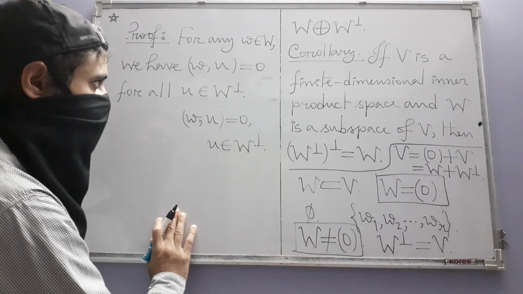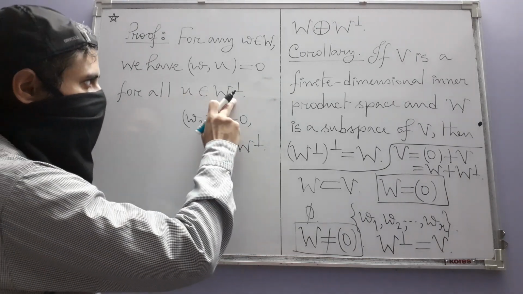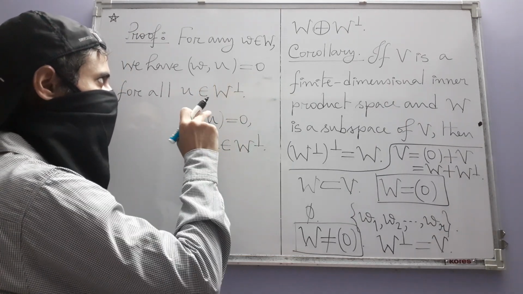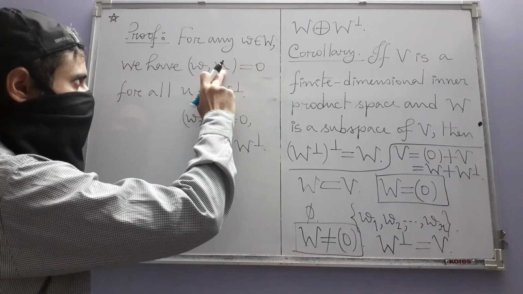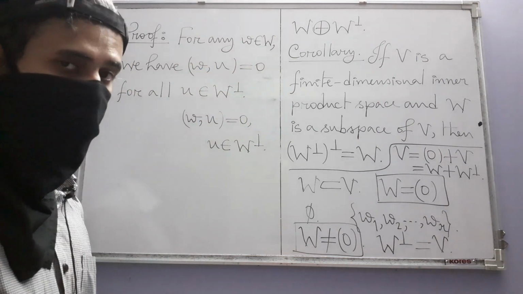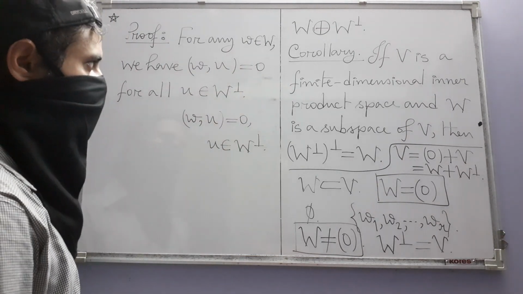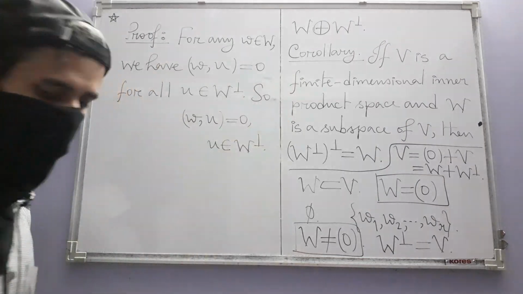Is it true? Yes, it is true. Why? Because since u belongs to the orthogonal complement of W, u will be orthogonal to every vector coming from capital W. In particular, u will also be orthogonal to this particular vector. So that's why the inner product is 0. So now we can write what we wanted to write.